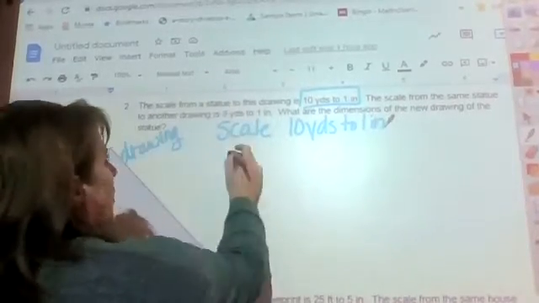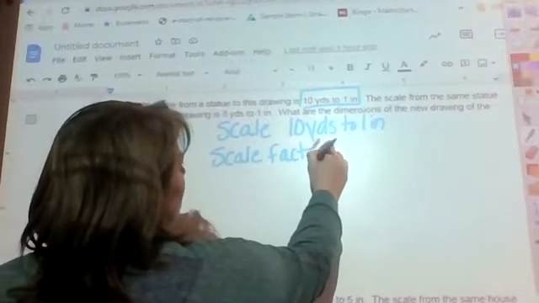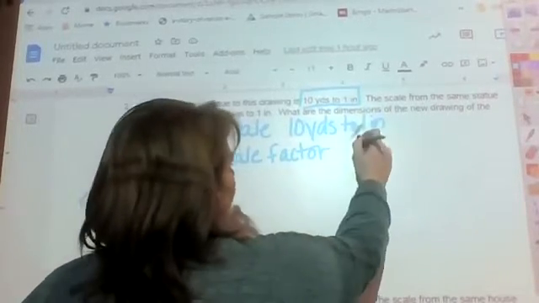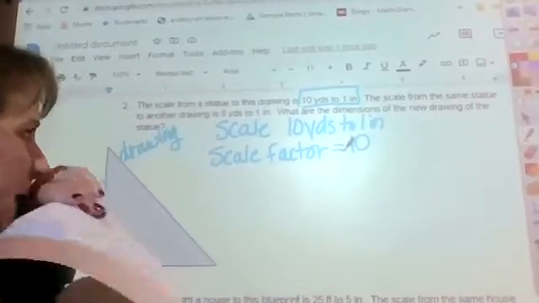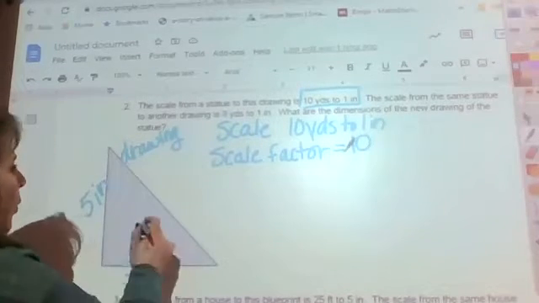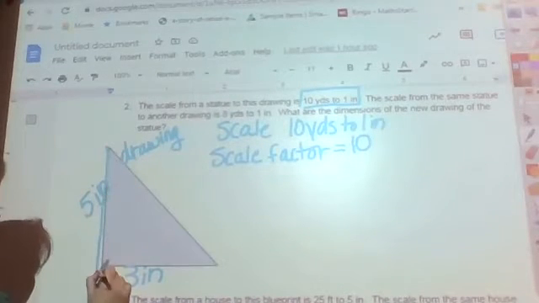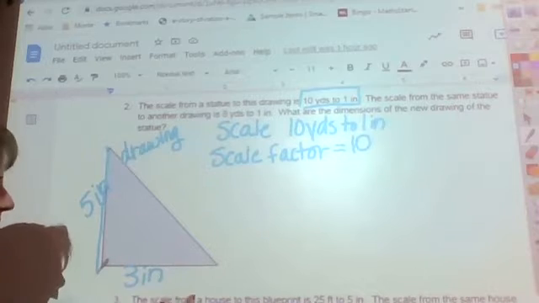Okay, so what would our scale factor be? Hopefully you guys knew that it was just plain old 10. So what that means is every 1 inch on here is actually 10 yards in real life.